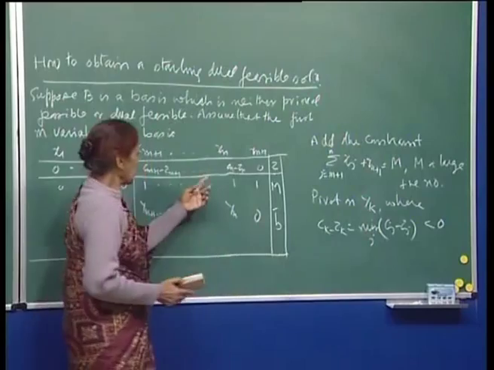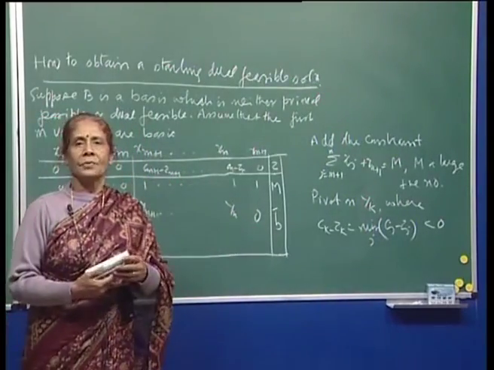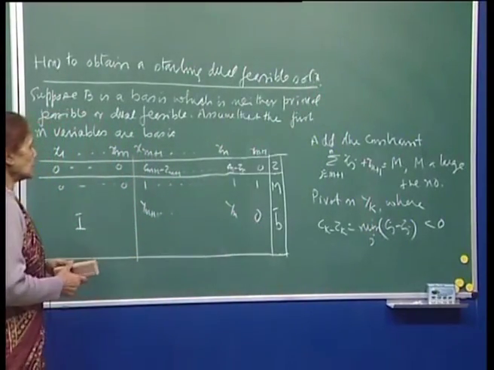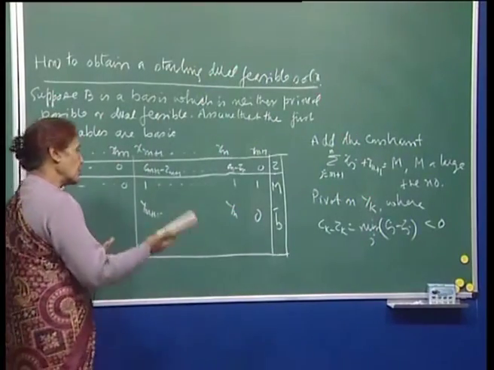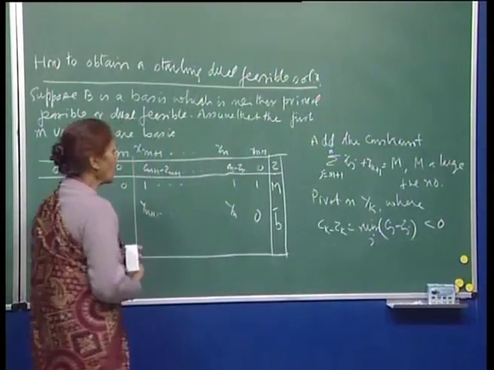Since there is at least one entry which is negative here, the minimum will occur for a negative one. If there is more than one, you select the smallest.